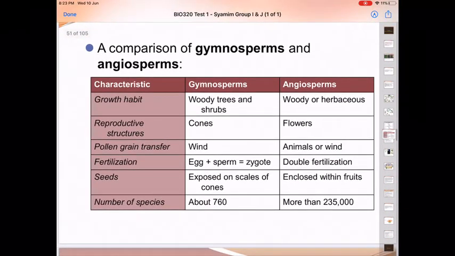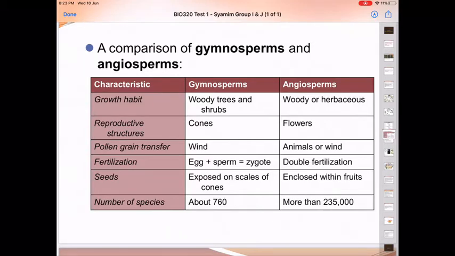So this is a comparison of gymnosperm and angiosperm in terms of the growth habit, the reproductive structure, and the pollen grain transfer. If you can see, gymnosperms prefer wind as the method for pollen transfer. But angiosperms need animals or wind. This agent or medium of pollen transfer also plays a main role in the morphology of the plant itself.